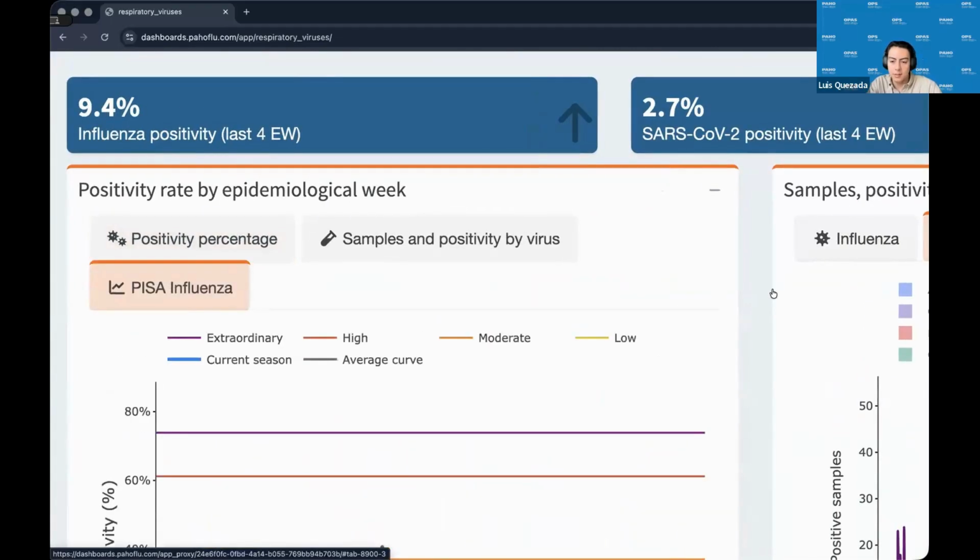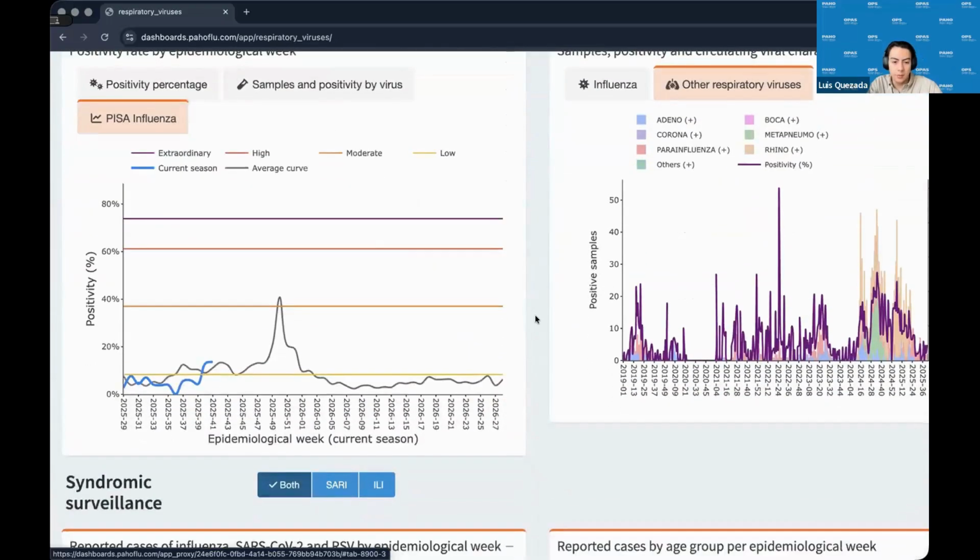And in the positive influenza section, we could see the chart per epidemiological week. As you can observe, we can check the current week of the year, and in the gray area, we could see an average curve.